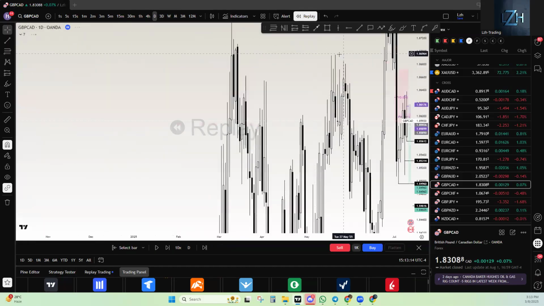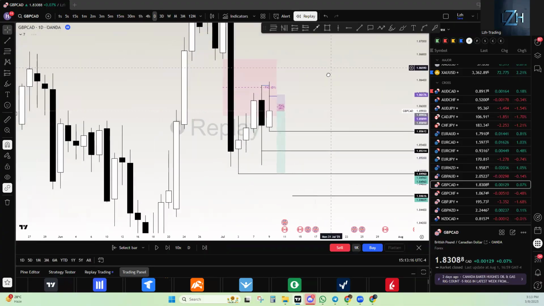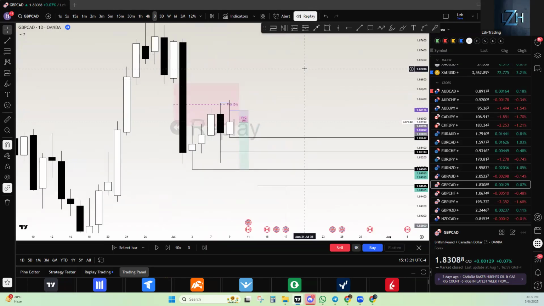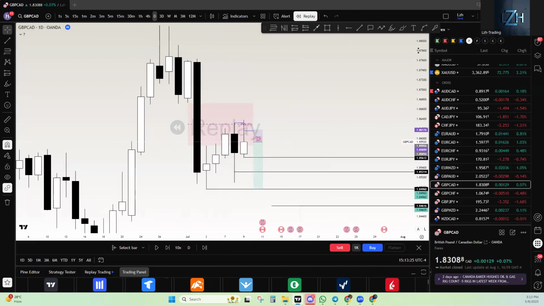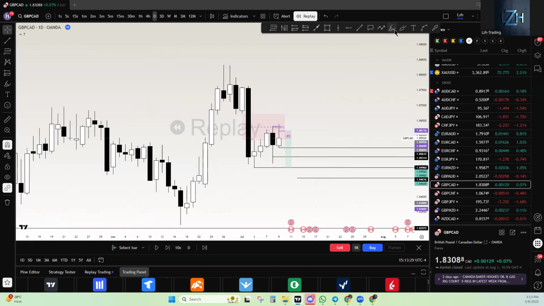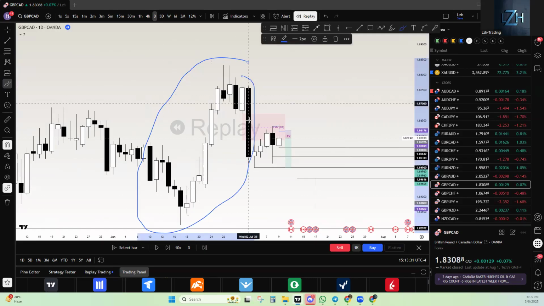If I go to the daily chart on this one, when you want to see price reverse in the direction that you want, basically if you think this is bullish, you want to see price come down to a POI or a fair value, immediately show a V-shaped reversal, then rebalance again and continue.